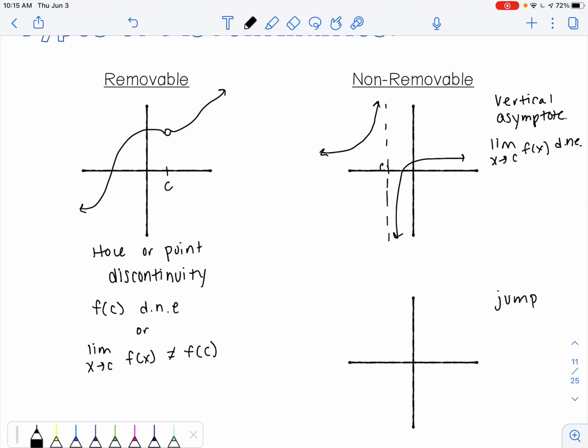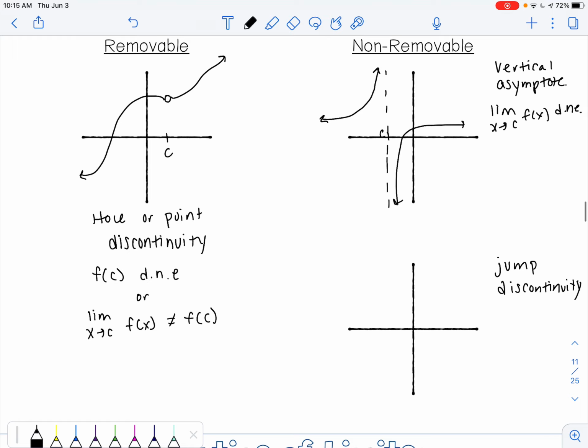And then the other type of non-removable discontinuity is called a jump discontinuity. Right, so that might be something like if this is our C value, right, and that's our function.